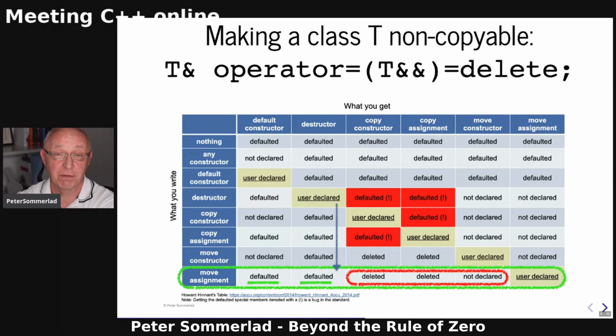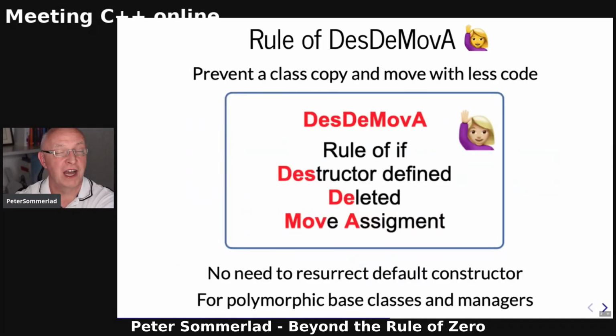And for a polymorphic base class, it means we have a destructor defined and still get none of the unwanted operations that we want. I nicknamed it the rule of Desdemona, an abbreviation that is close to Desdemona: destructor defined, you delete the move assignment.